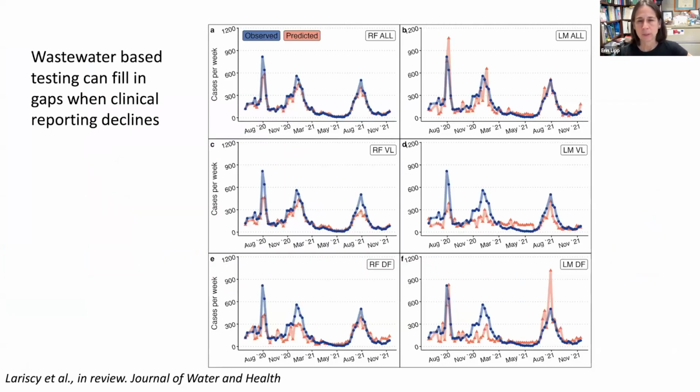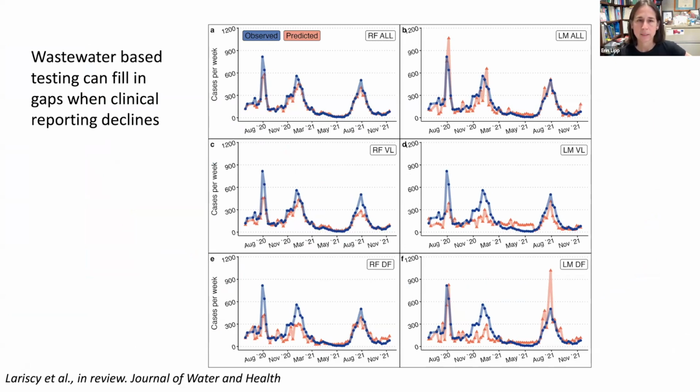I mentioned it can also be used for modeling purposes. This was a paper that one of my students, who will be speaking in a couple of weeks, worked on to basically show that wastewater-based models are extremely accurate in predicting cases. So this was based on Athens-Clarke County data.